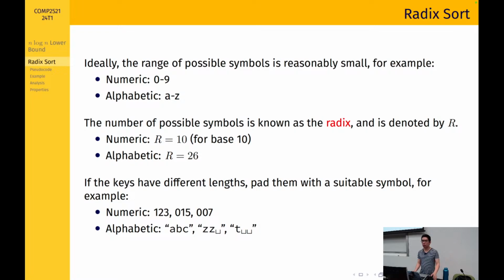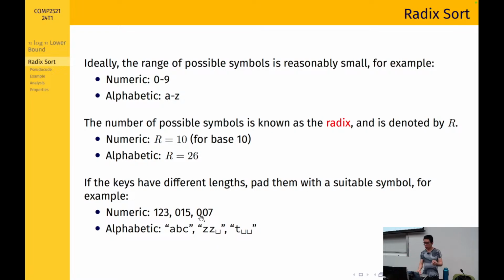Also, with numerics we are using 0, which is already part of your radix, right? Whereas for alphabetic, you're using that padding character. The fact that that's not in the radix, does that make a difference? So that's a good question too. The question was, with numeric keys, you're padding with a digit which is already in the possible symbols, whereas with alphabetic, you're padding them with a new character, which is a blank character.